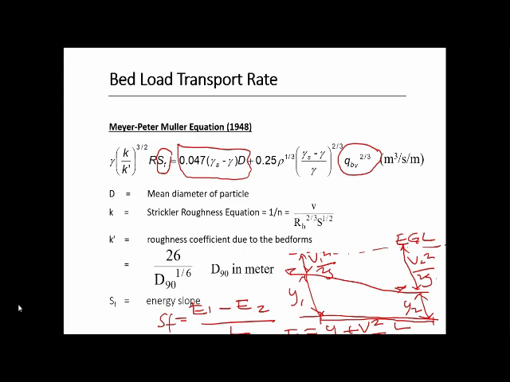Forgot, doctor. Forgot. Yes, doctor. So what is this term represent for in this Meyer-Peter-Muller equation?